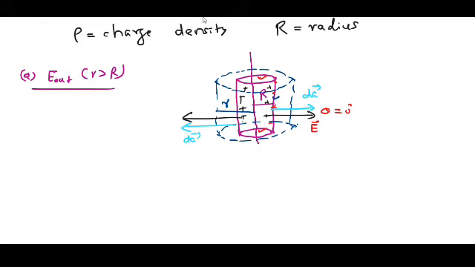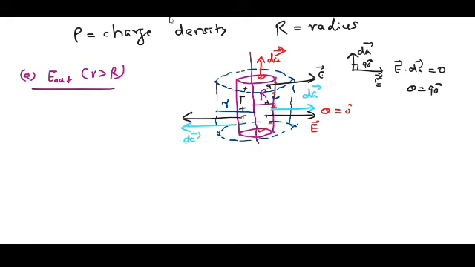But at the end surfaces the area vector is along this direction, and the electric field is perpendicular, along this direction. The angle between dA and the electric field is 90 degree. Obviously, the result E dot dA goes to 0 because theta is equal to 90 degree. Cos 90 is nothing but 0.